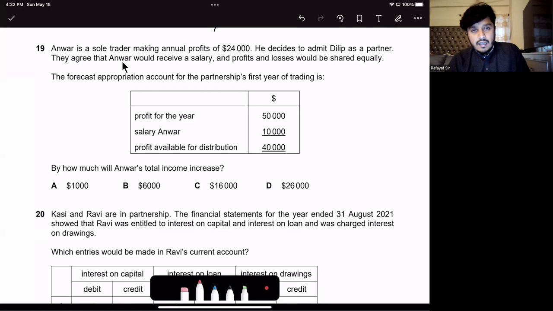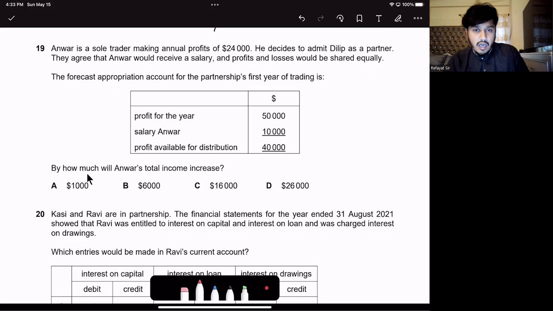The forecasted appropriation account for the partnership's first year of trading is given.